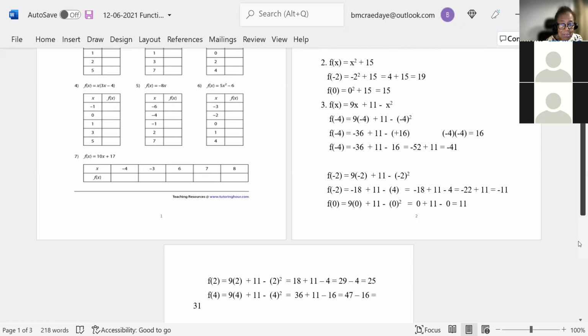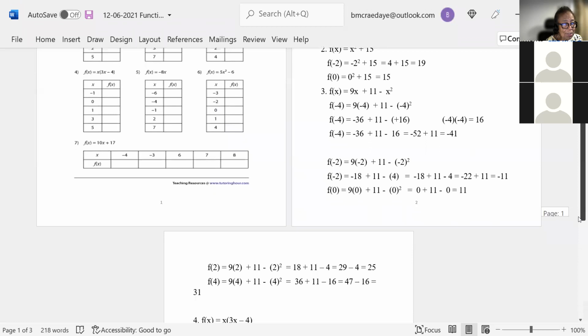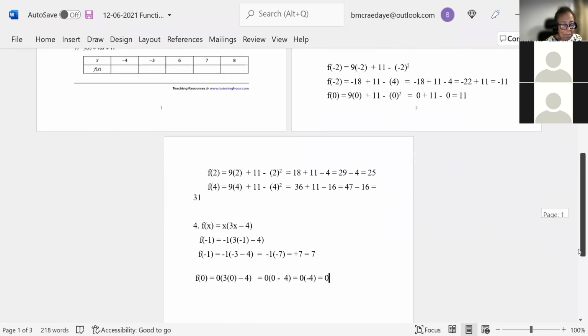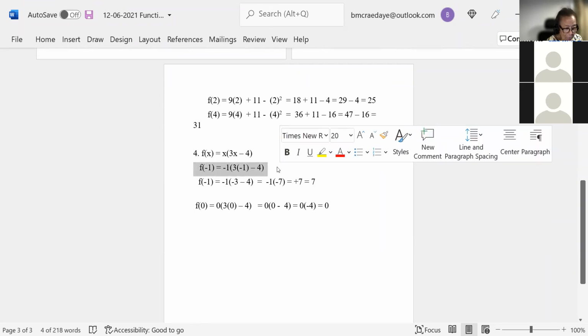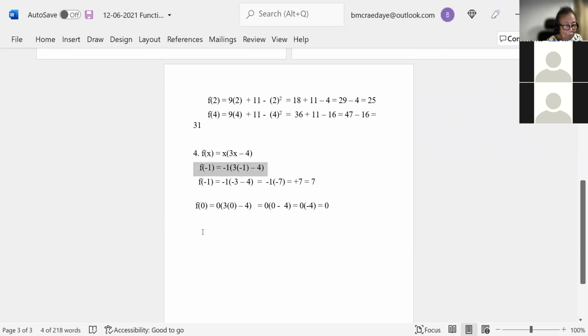Now the next one, the input is a 1. It's a -1 for the first one. The third one is just 1. So let's just copy this. Instead of the -1, we want to put a +1.